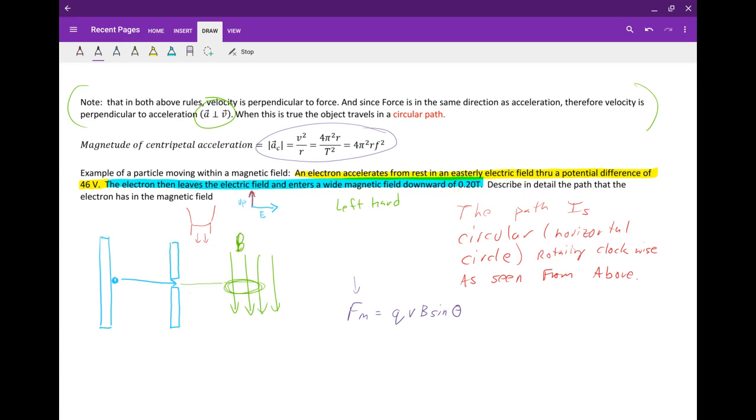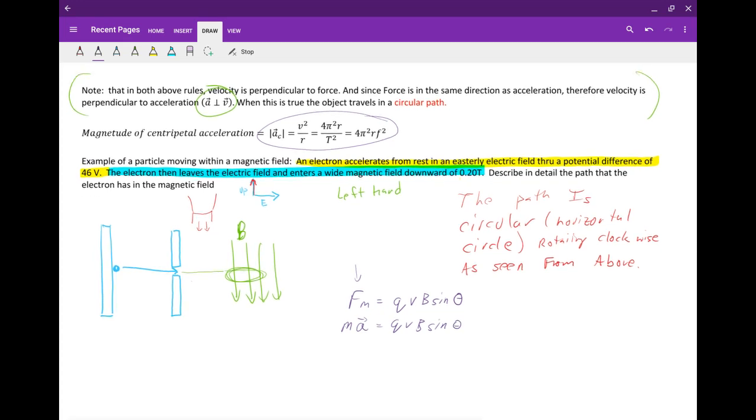Anyway, the magnetic force is equal to the mass of the particle times the acceleration, which is equal to qvB sine theta. And the centripetal acceleration is equal to v squared over r. So we're going to go mv squared over r equals qvB sine theta.